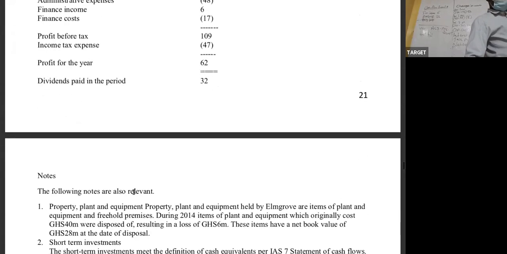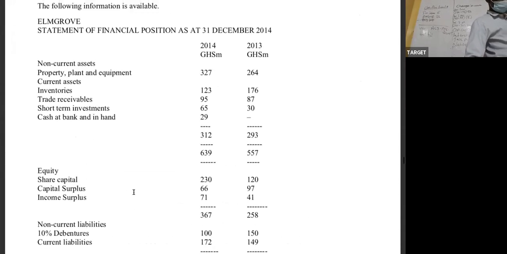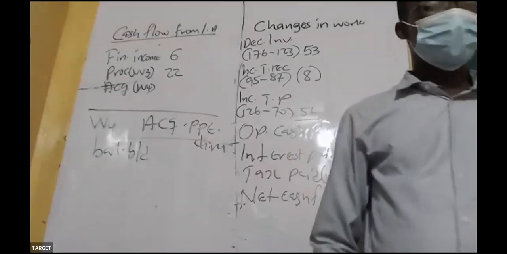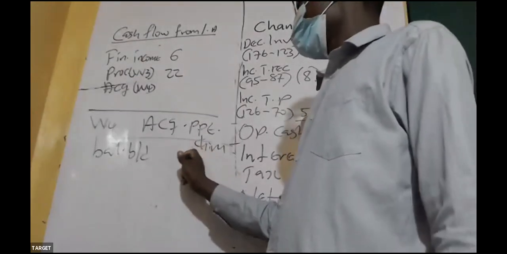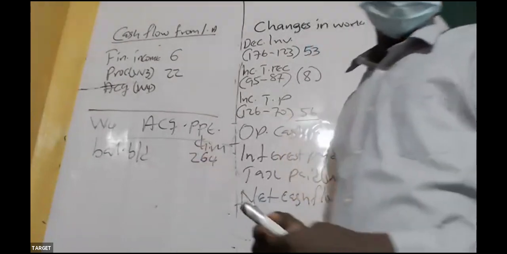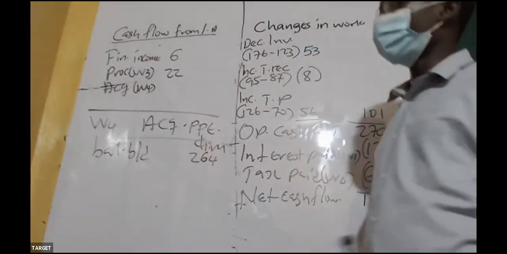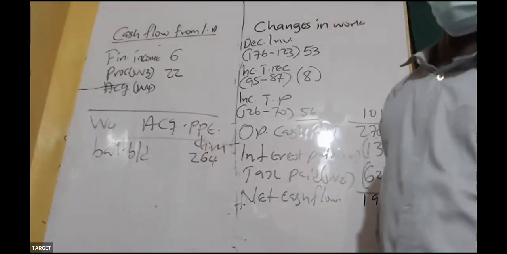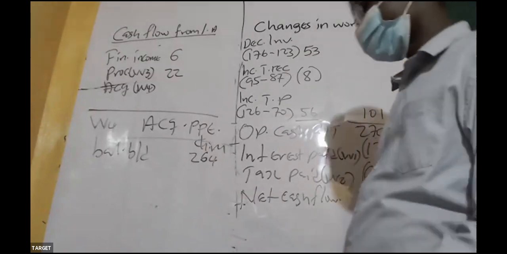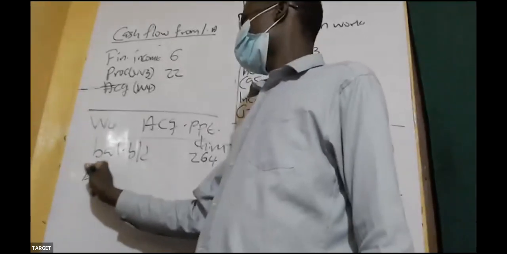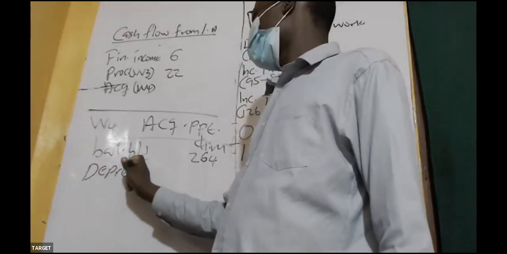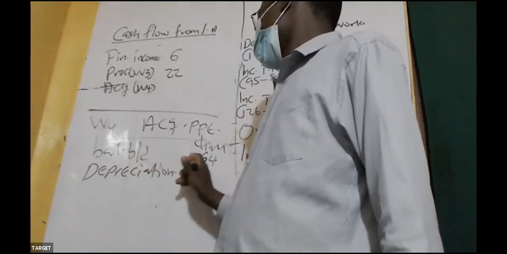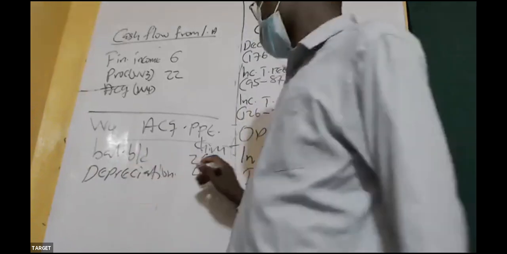So when I go to the PPE from the balance sheet, opening balance is 264, closing balance 327. So I'll come and pick the closing later. So 264, that's the opening balance. Then you adjust it with all the items that will affect PPE. For example, depreciation. Don't forget depreciation. The depreciation charge, the one you charged to the income statement, 43,000.